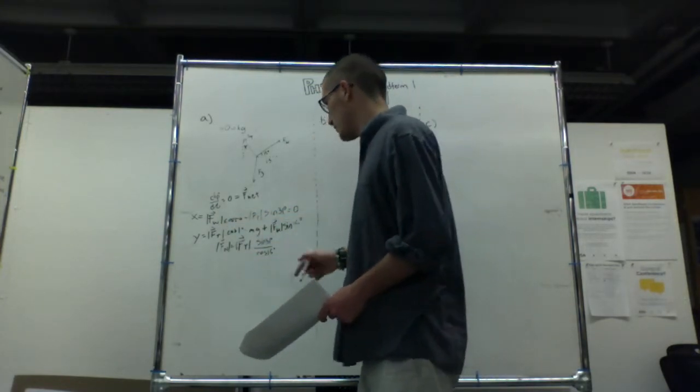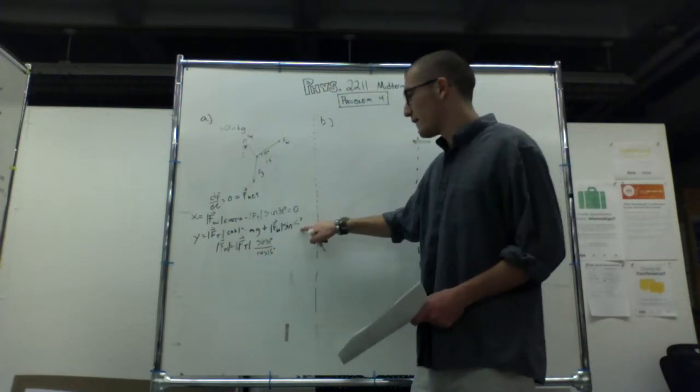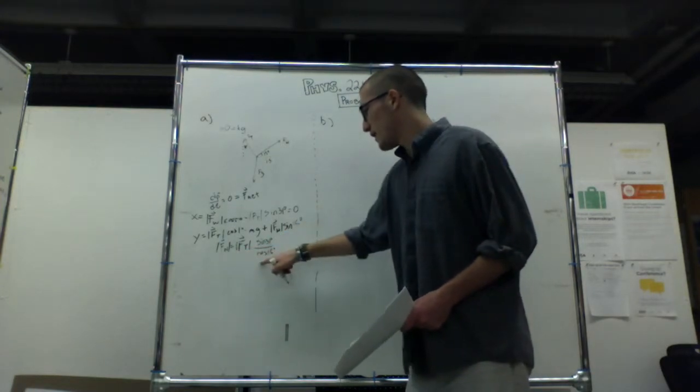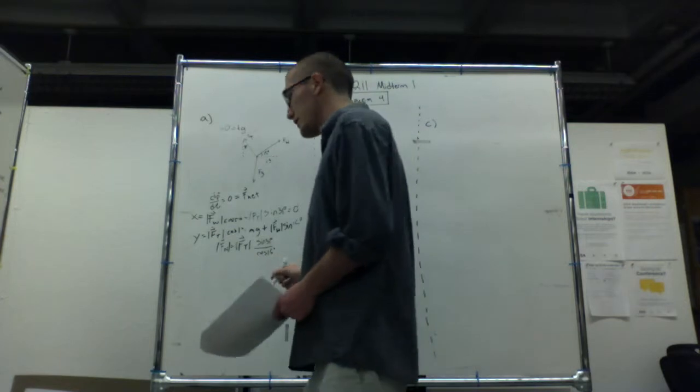So next what you'll do is you'll take this equation here and plug it into the y component equation that we've gotten here, and plug this F of w here into F of w here. So we'll do that real quickly.